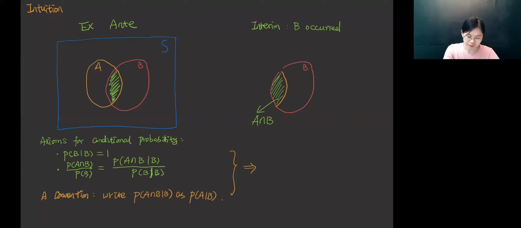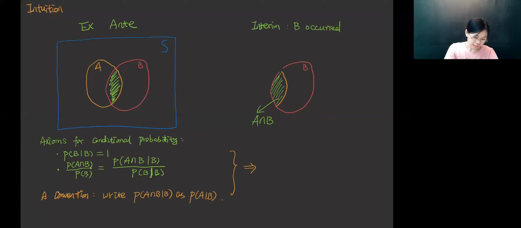Now B is the new sample space. The new information just tells us that B occurred, but it doesn't tell us anything about what happened inside of B. The new information doesn't inform us about the relative probability of A intersection B and the probability of B, because the new information is not informative about what's inside B.